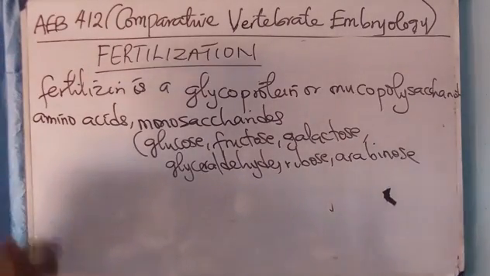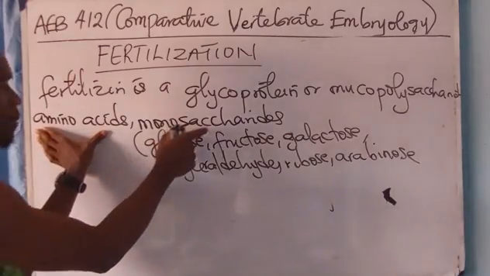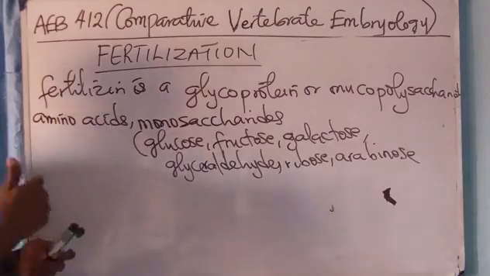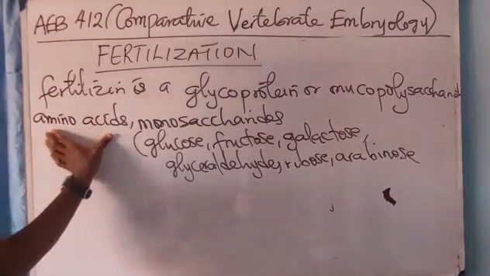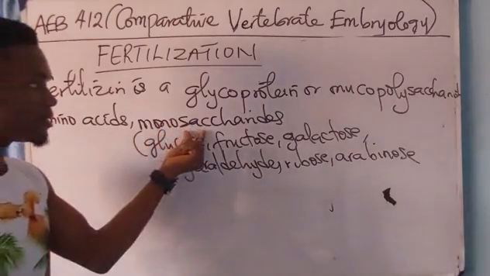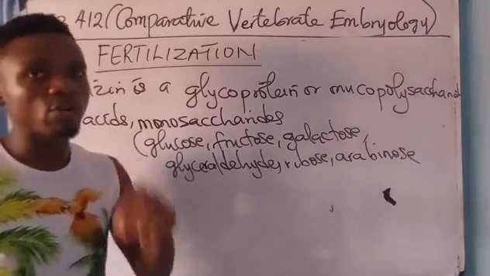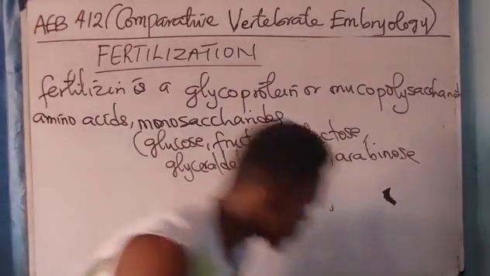Monosaccharides. However, the type of amino acids and monosaccharides in the fertilizin varies from species to what? Species, which means that it depends on the organisms involved. Please take note of that.